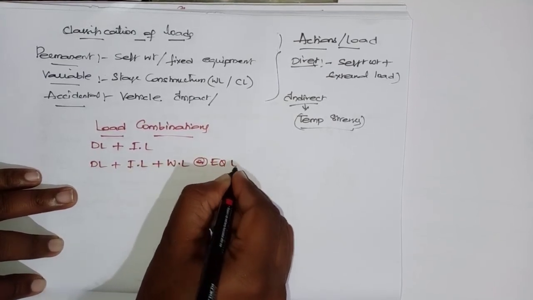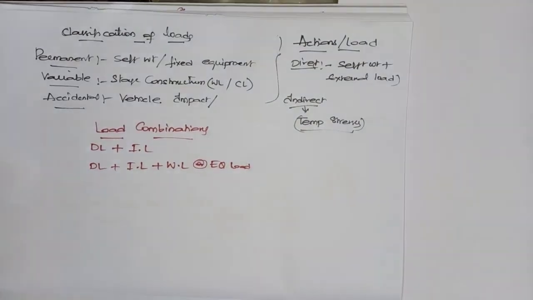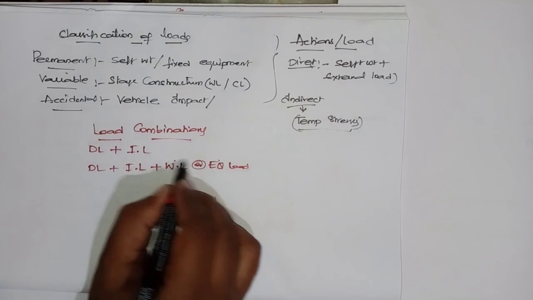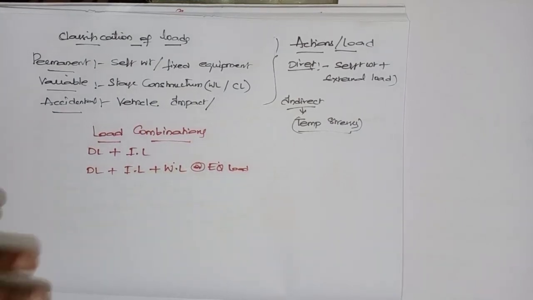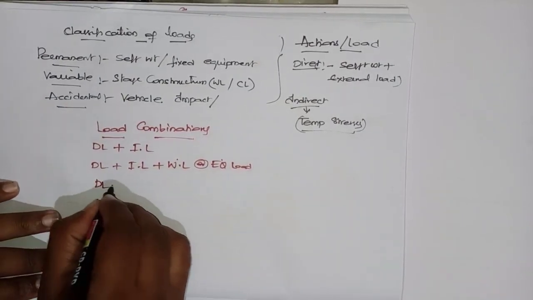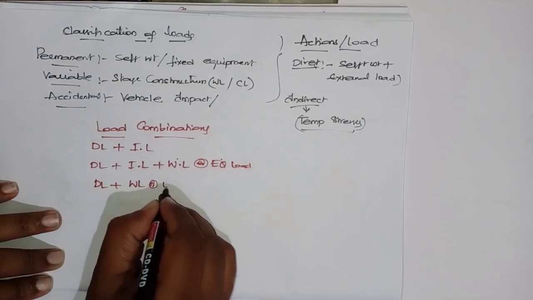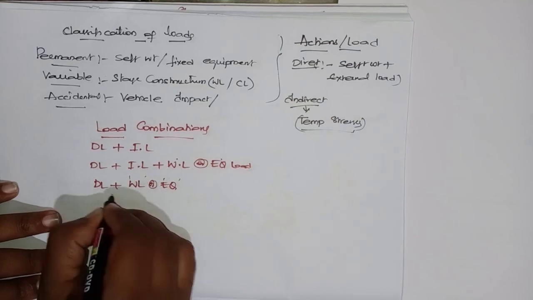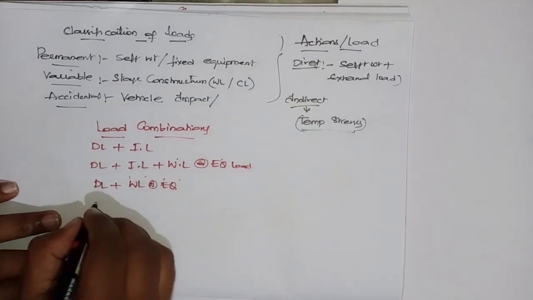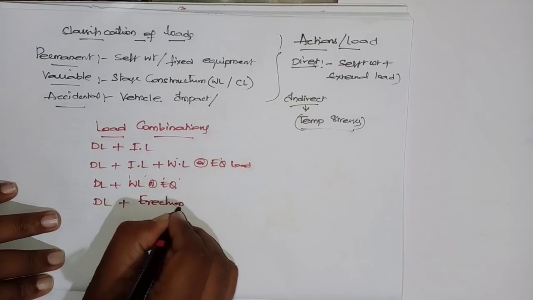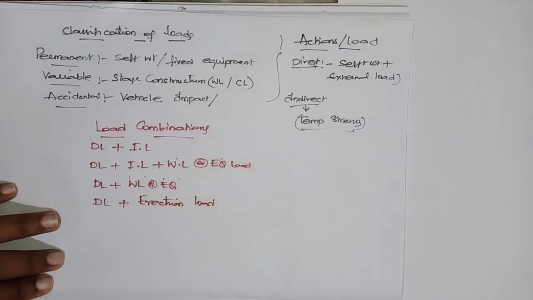Suppose in an area you are getting wind load and at the same time earthquake load, the higher of these two is considered as the load. Next, a combination of dead load and wind load, and if earthquake load is also there in that area, you decide the higher value to take into the combination. Next, dead load plus erection load. These are some of the load combinations you are supposed to take, right?